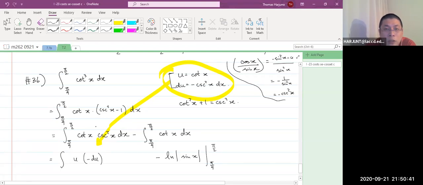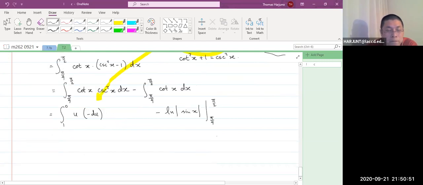Now cotangent of pi over 4 is 1. Cotangent of pi over 2 is 0. So this is integral from 0 to 1 of u du minus natural log of sine x from pi over 4 to pi over 2. I'm sorry, I'm over time, but let's go on.